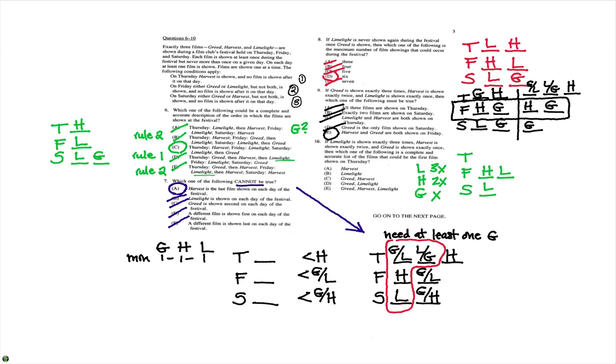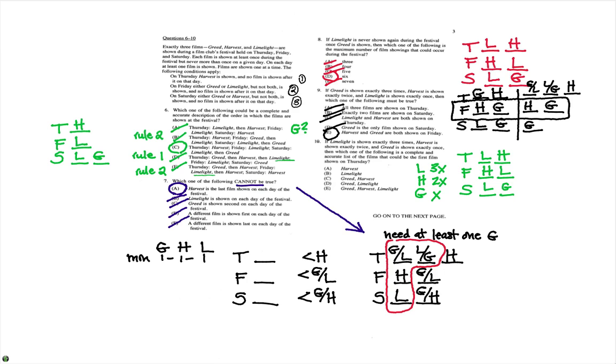So we know that Harvest must come again on Thursday, which means that the possibilities for Thursday now are Limelight, because Limelight must show up 3 times. The only remaining variable, Greed, hasn't shown up yet, must be there on Saturday.